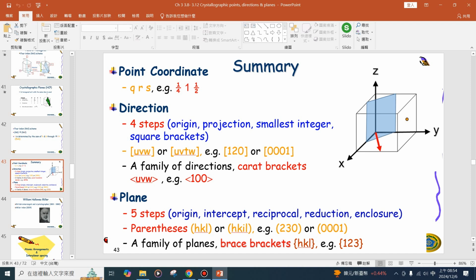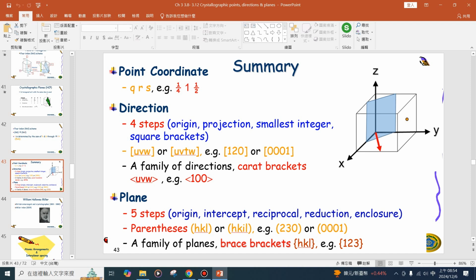And step 3 is you have to take the reciprocal of these numbers. For example, this is a half, so the reciprocal is 2. If this is infinite, you take the reciprocal, and then it becomes 0. So as a result, you can get numbers like this.